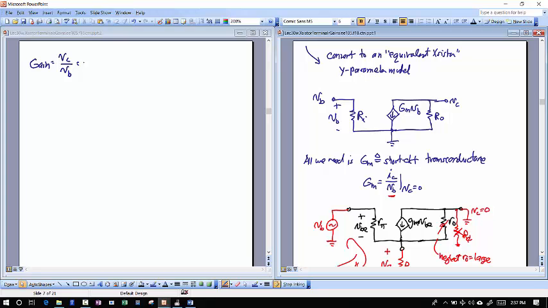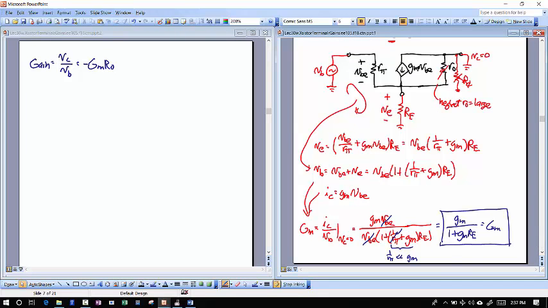That gain is just equal to minus GM times R naught. Whatever is hanging off of my collector, whatever's in shunt with the collector, that's the capital R naught. I'm going to multiply it by capital GM, which in this case is lowercase gm divided by 1 plus lowercase gm RE.